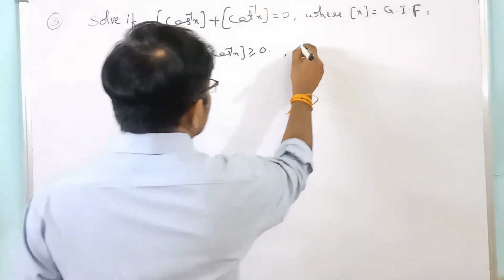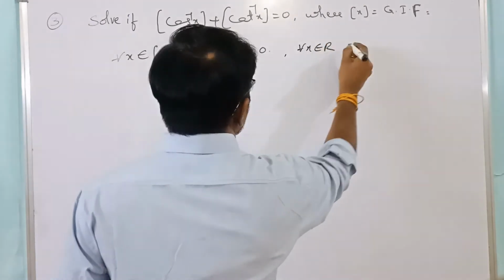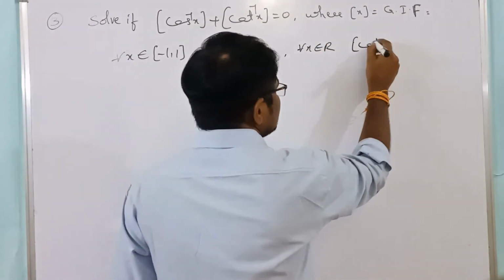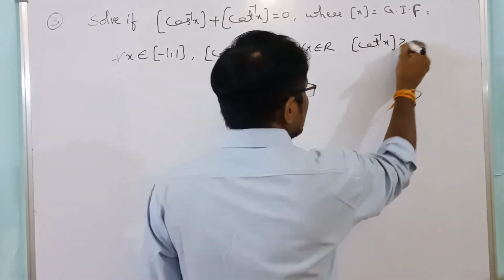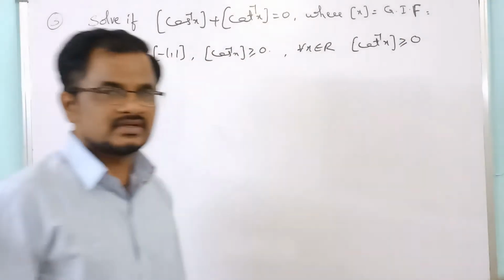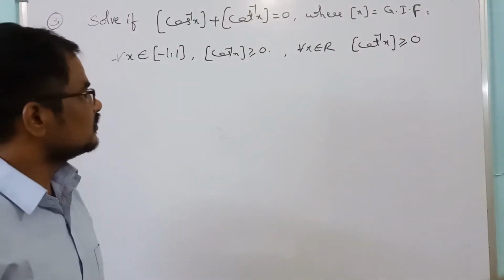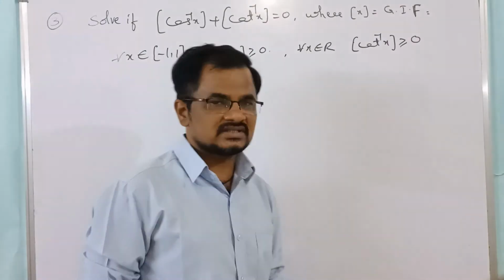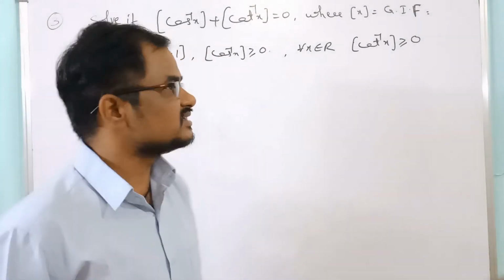And for all x belonging to real numbers, the greatest integer function of cot inverse x is also greater than or equal to 0, right? Since cot inverse x belongs to open interval 0 to pi.